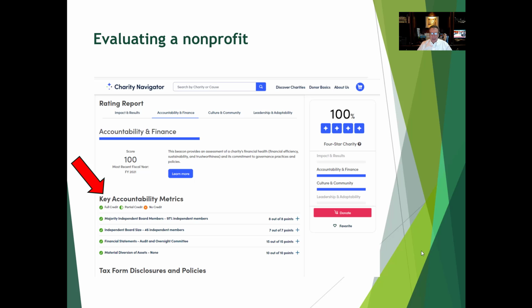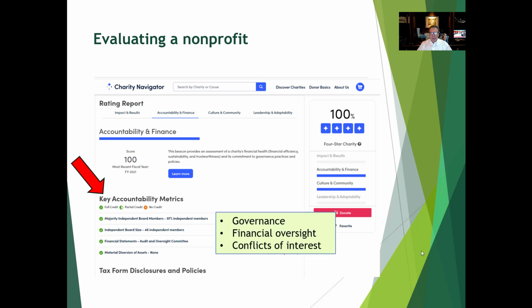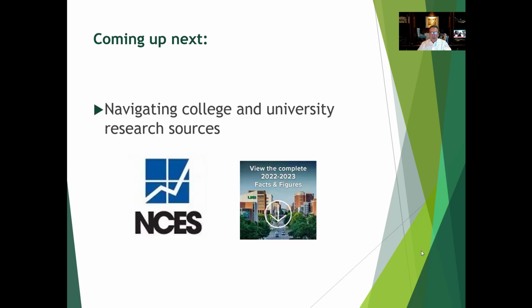They call them accountability metrics. They relate to governance that we've mentioned before, how they tend to their finances, and do they have any conflicts of interest, and if they do, everybody does potentially, how do you manage them? And their rating again is 100%, 4 stars out of 4.